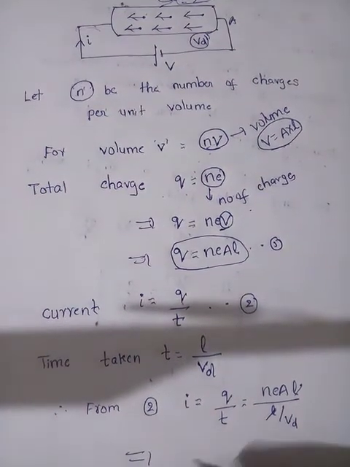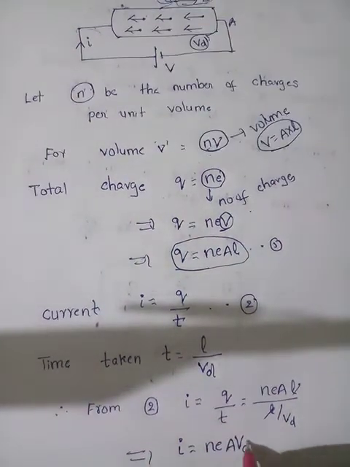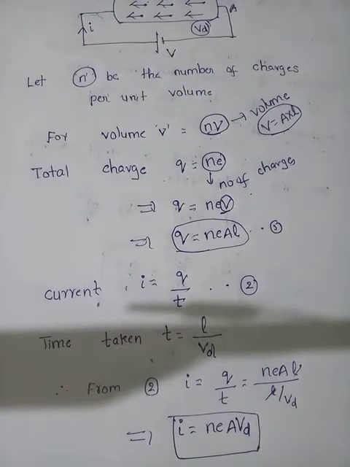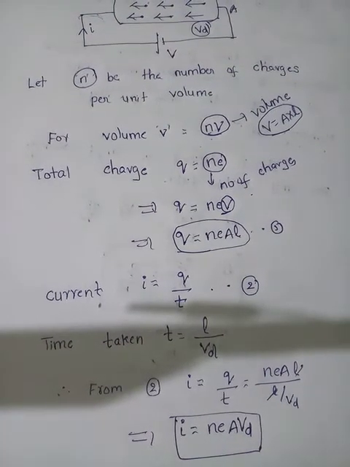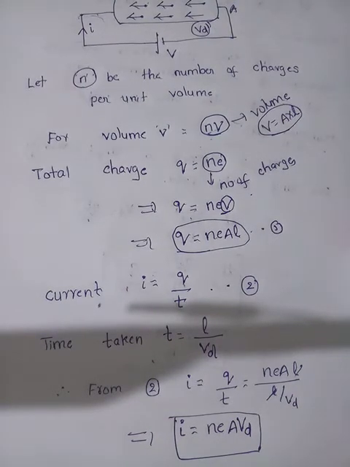Finally, we got the relation between current and drift velocity, that is I is equals to nеA Vd. So here it clearly proves that current is directly proportional to drift velocity. If drift velocity of electrons is more, current increases.